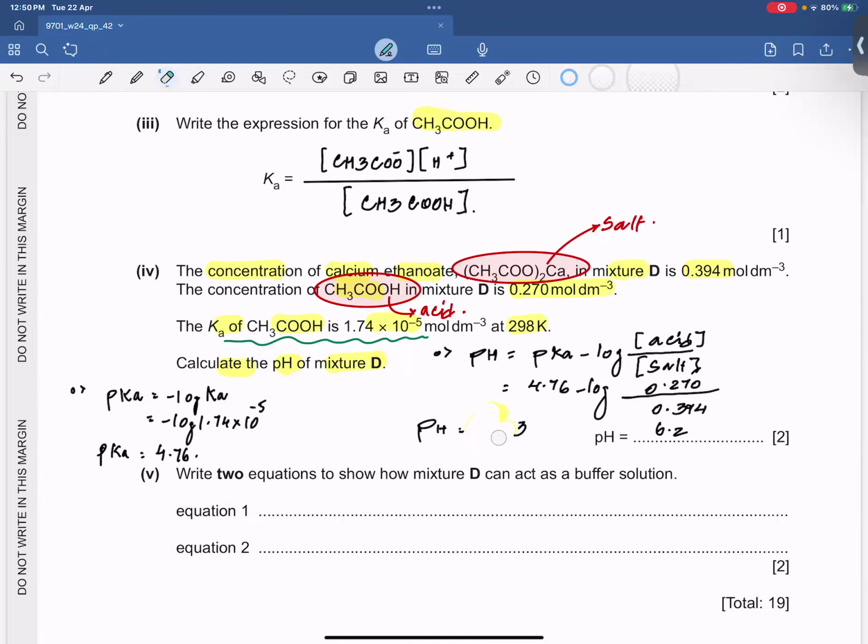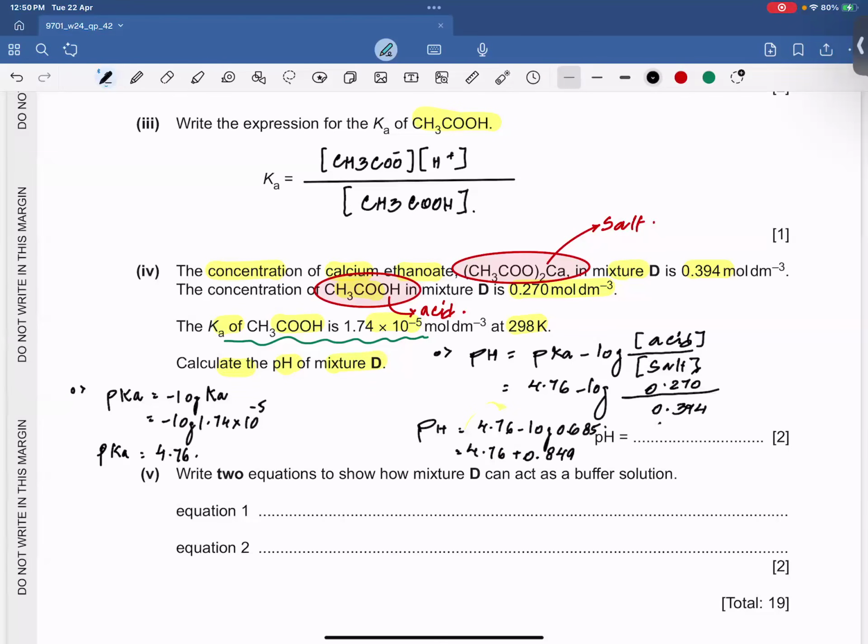Let me check my calculation again. 0.270 divided by 0.394 is going to be 0.685. 4.76 minus log of the answer, 0.849, plus 4.76.